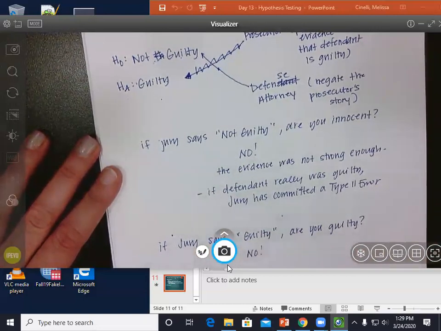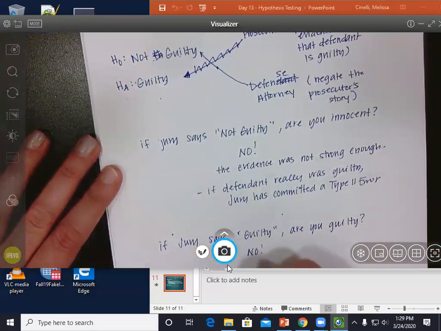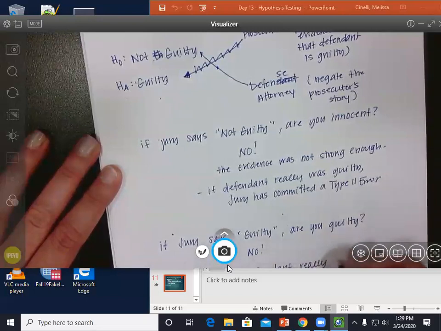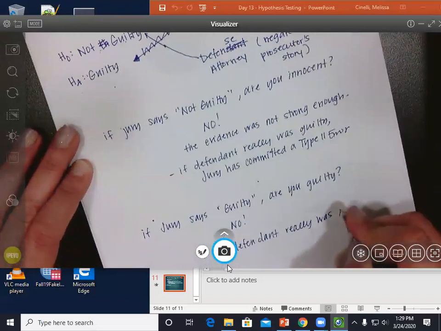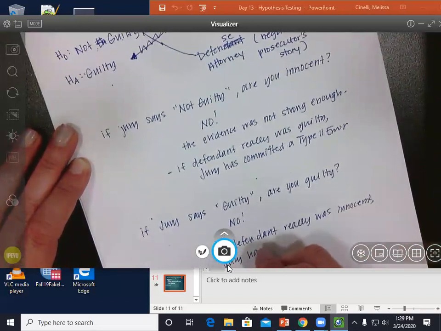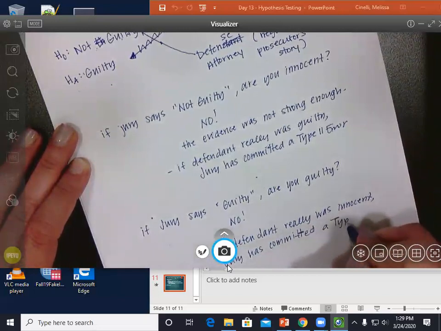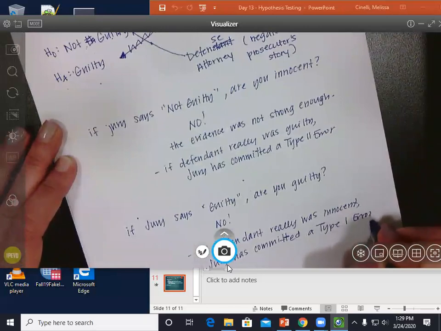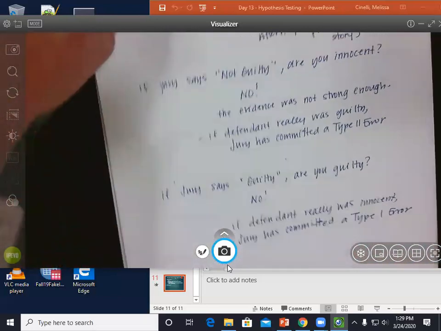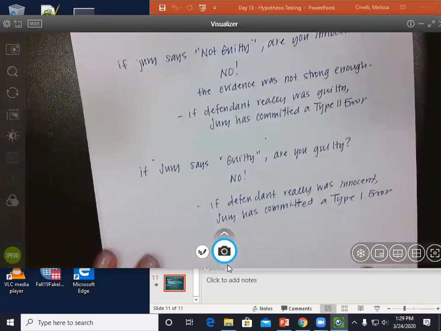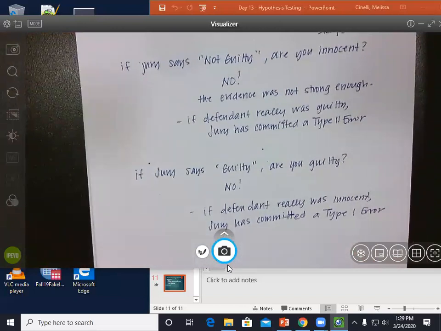Again, no. If the defendant really was innocent, the jury has committed a type 1 error. So they have rejected the null when they should not have. They've rejected the null when in fact the null hypothesis was true, and that's a type 1 error.